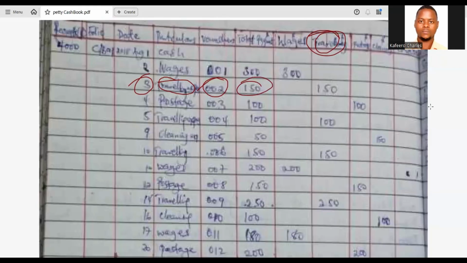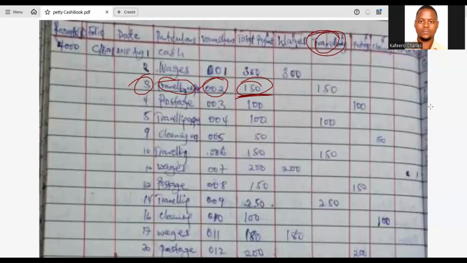But this same $150 has to appear in the traveling expense column under the analytical columns. So we put it there. Then in these other columns we put nothing. Remember, we create these analytical columns step by step, so these ones are not yet drawn. So we started with this one.